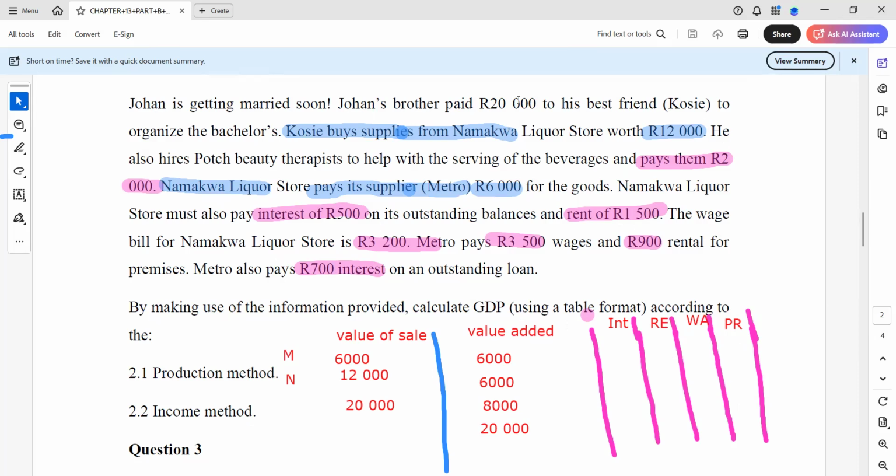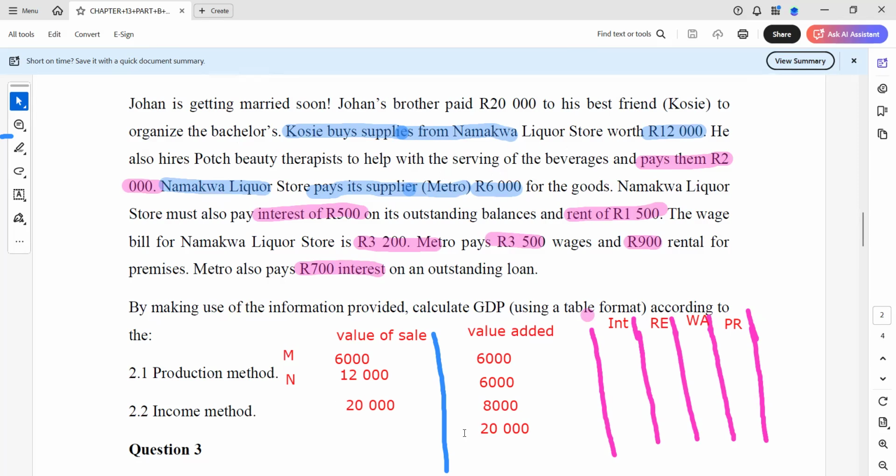Jonah's brother paid 20,000 to his best friend Kosi to organize a bachelor's. Kosi buys supplies from Namakwa liquor store worth 12,000 rand. He also hires a beauty therapist to help with the serving of the beverages and pays 2,000. Right. So Kosi pays how much? He pays them 2,000, the beauty therapist, to help with the serving of beverages.